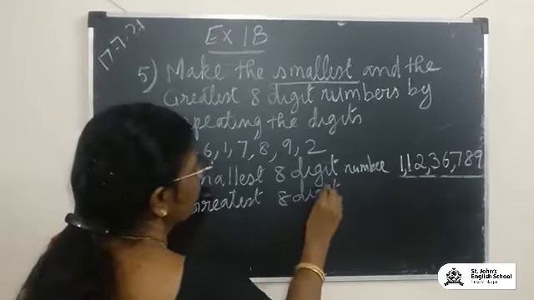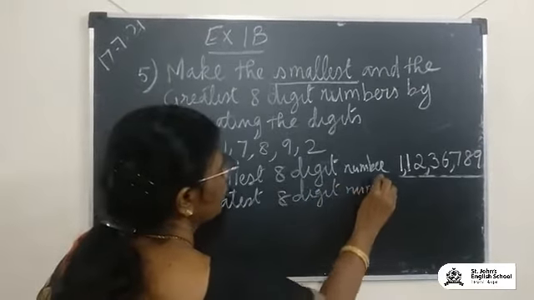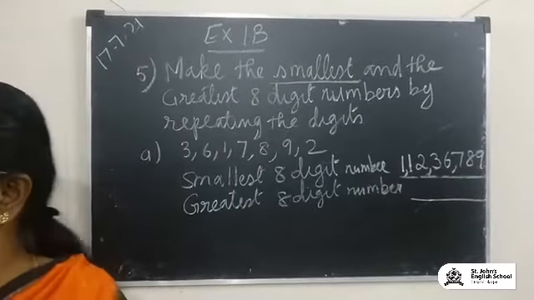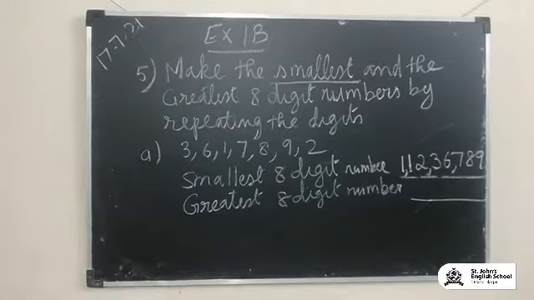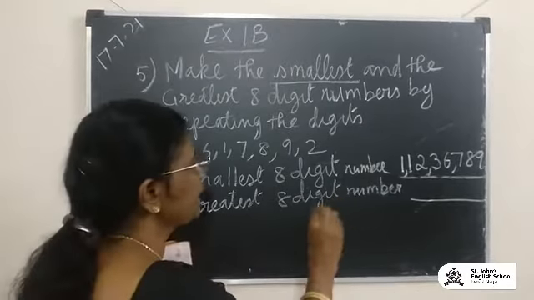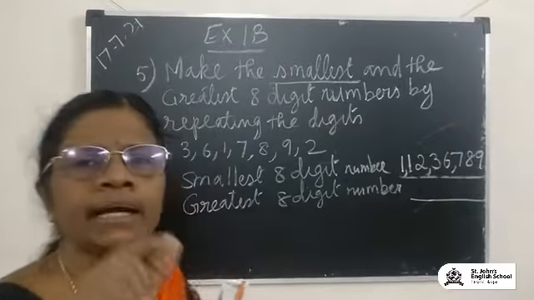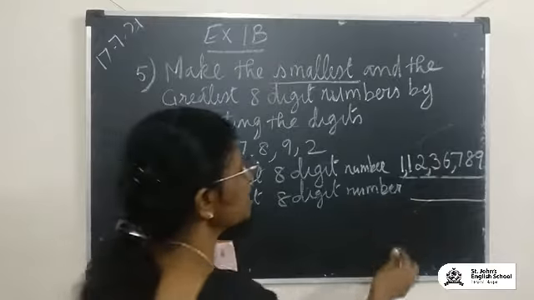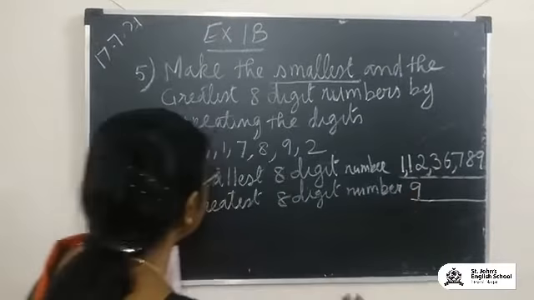The greatest 8-digit number is going to start with the biggest number. What is the greatest number? The greatest number is 9.